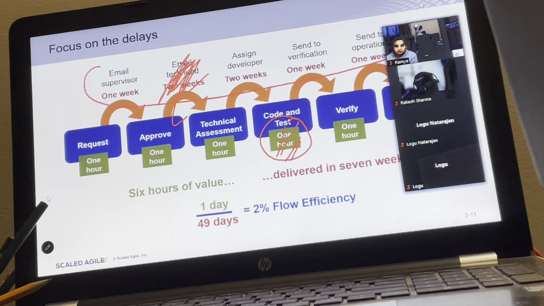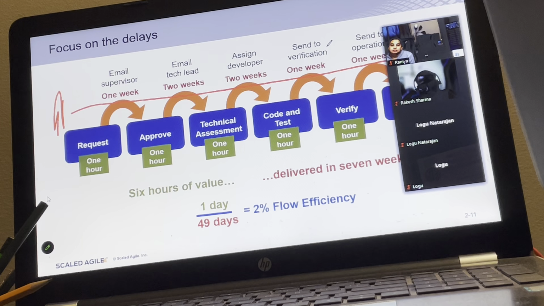So this approach is called optimizing the whole. Yeah, that's the term we use. When we look at the overall lead time and try to find out how we can reduce the overall delivery time, in lean terminology that is called optimizing the whole. By way of lean thinking, we identify the overall value and the steps it takes to deliver it.